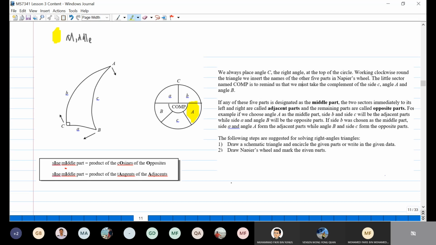Then there are 2 next to it, which are called adjacent. So the green ones are called adjacent. And the ones opposite the adjacent, we'll use another color here. These are called opposite, the parts opposite the yellow middle part.